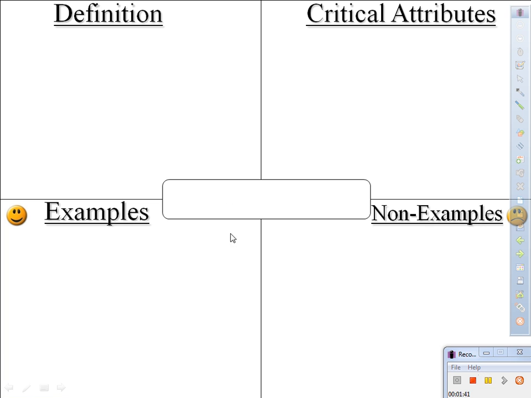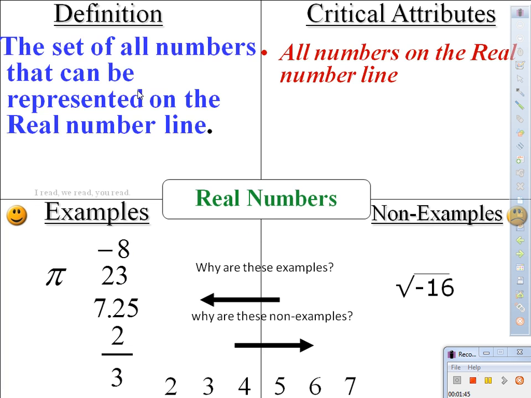Real numbers. Real numbers are the set of all numbers that can be represented on the real number line. Hanson, you got something similar to that, okay? The examples that I gave you were any number that you can think of that goes on the number line.